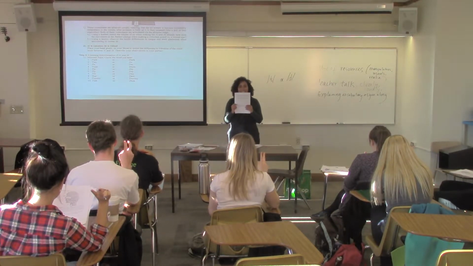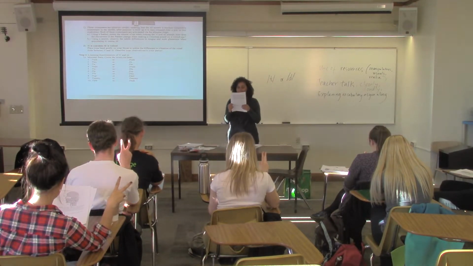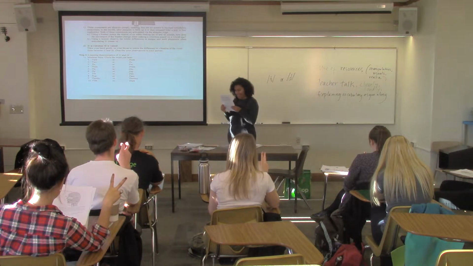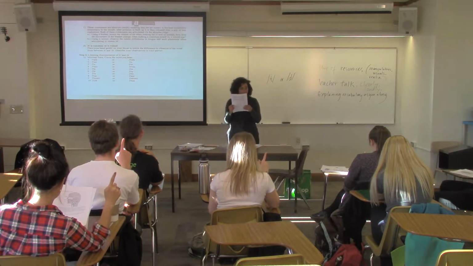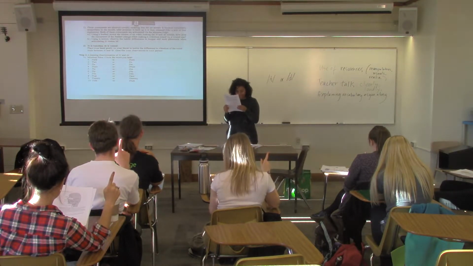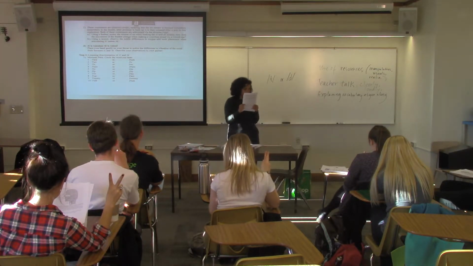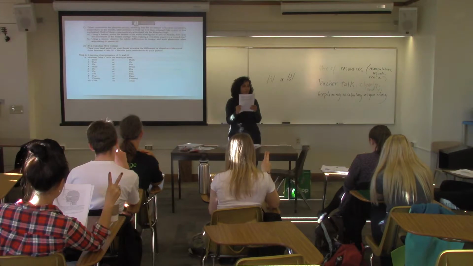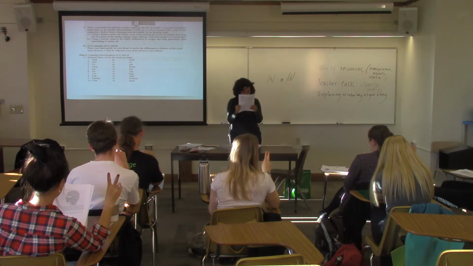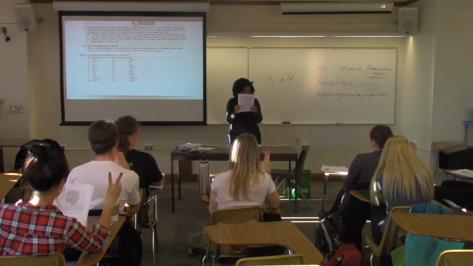Number 3, 2. Number 4, okay. Number 5, cool. I felt like that one was a little bit tricky to tell the difference. I don't know why. Dry sounded kind of like try.